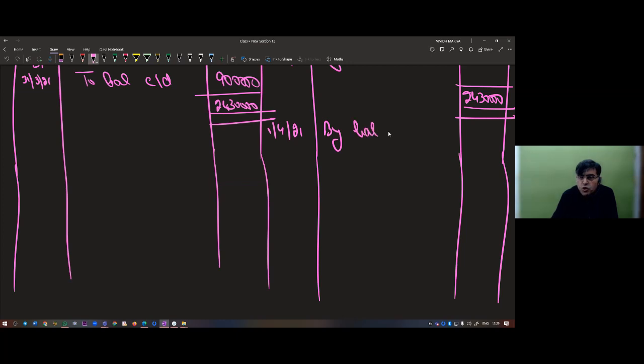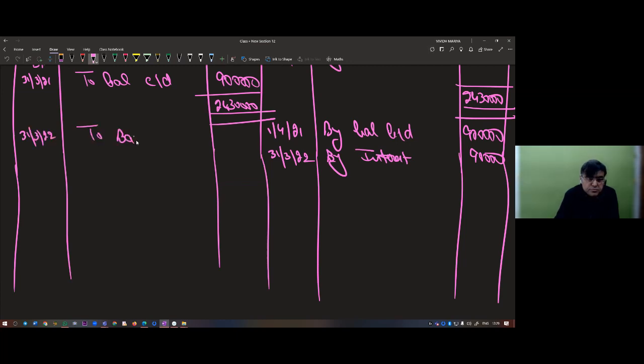By balance brought down 9 lakhs. Interest will be 90,000. The payment will be 4,90,000. To balance carry down will be 5 lakhs.